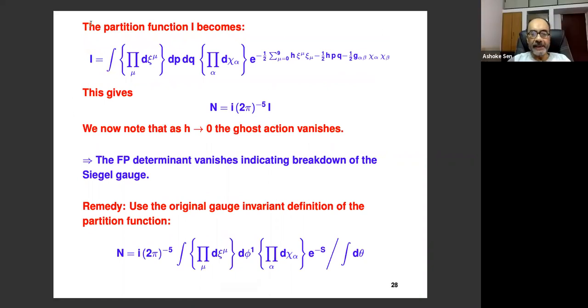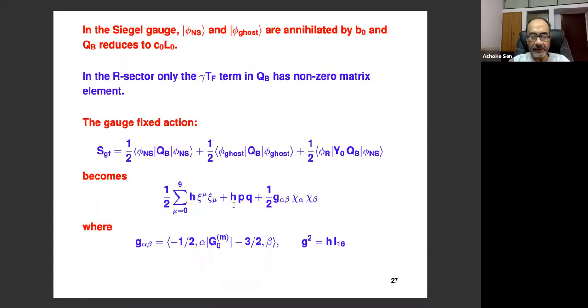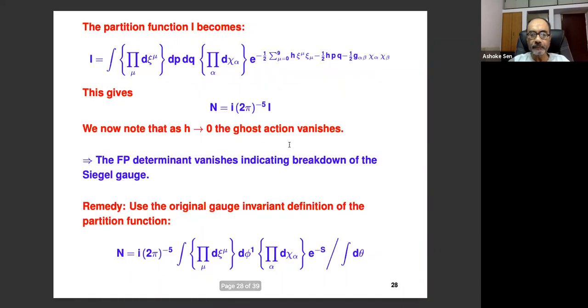So with this, the partition function in the gauge fixed formalism becomes the integral over the gauge fixed modes. The xi mu's are of course gauge invariant. We have the Faddeev-Popov ghosts, dp dq, and then we have these chi alpha variables. And the action is exactly what we wrote down, and I have just written e to the minus S. Now we recognize that this is exactly the expression for N that we had found, except for this factor of 2 pi to the minus 5 and i.